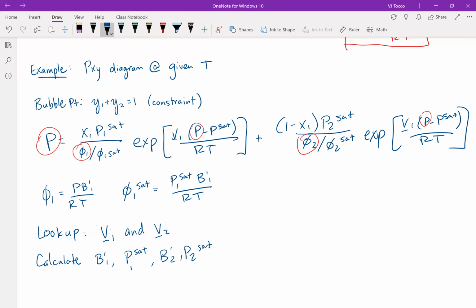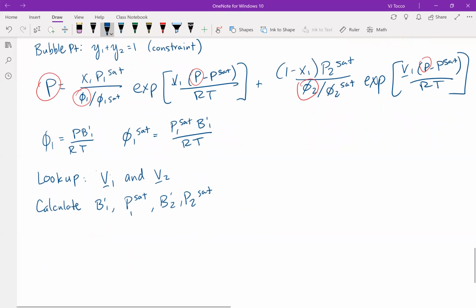All right, after I know what the bubble point pressure is, I can calculate y1 by plugging it back into either one of those equations.